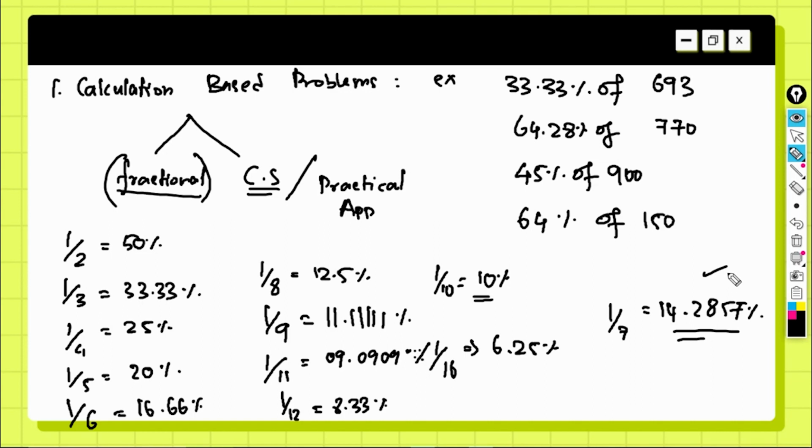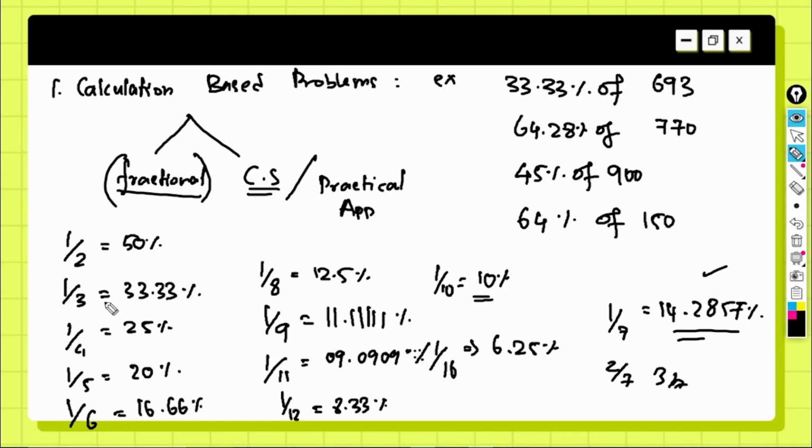Some people generally tell you to remember some more extra values, like also remember the value of 2 by 7, also 3 by 7, 5 by 6, 2 by 3. All these are okay, but to what level you are preparing for these types of specific questions matters a lot. If you are preparing for competitive exams, then go prepare those things, memorize all those.